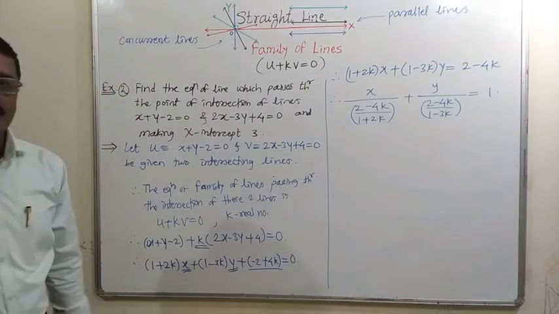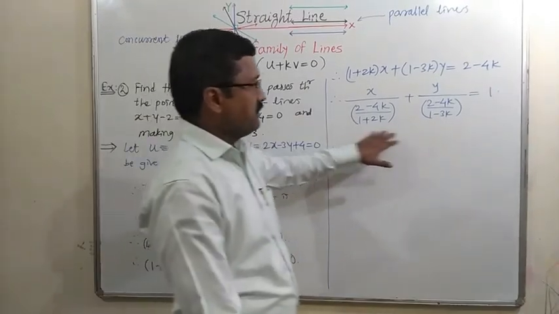Now this is the equation in double intercept form, so this is the x-intercept and this is the y-intercept.